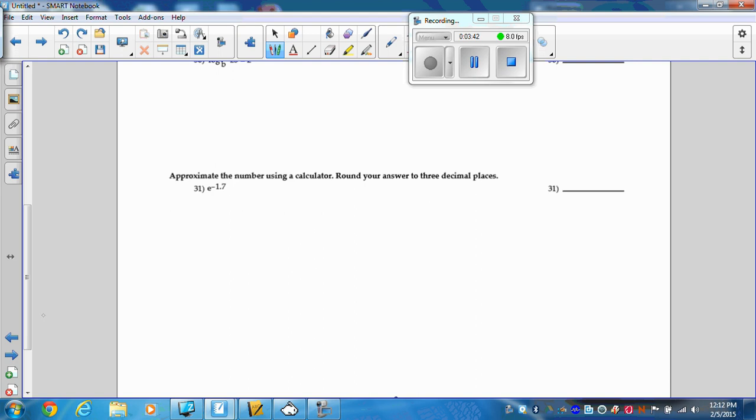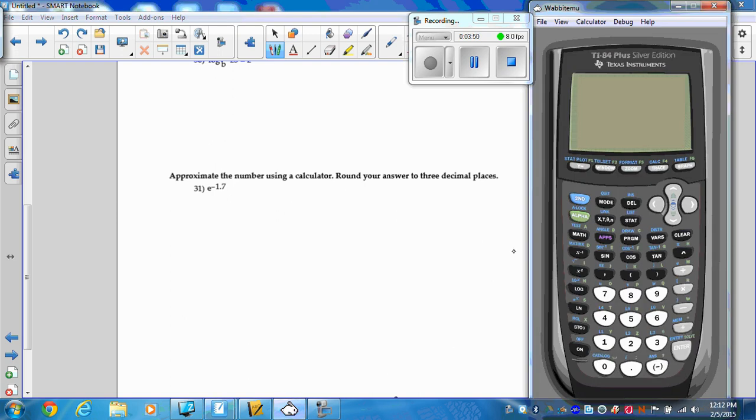So number 31, approximate the number using a calculator and round your decimal to 3 places. So let's go to the calculator. And we're going to do E, which is this button. You could use this one and the up arrow. So let's use this one because it already has a box for our exponent.